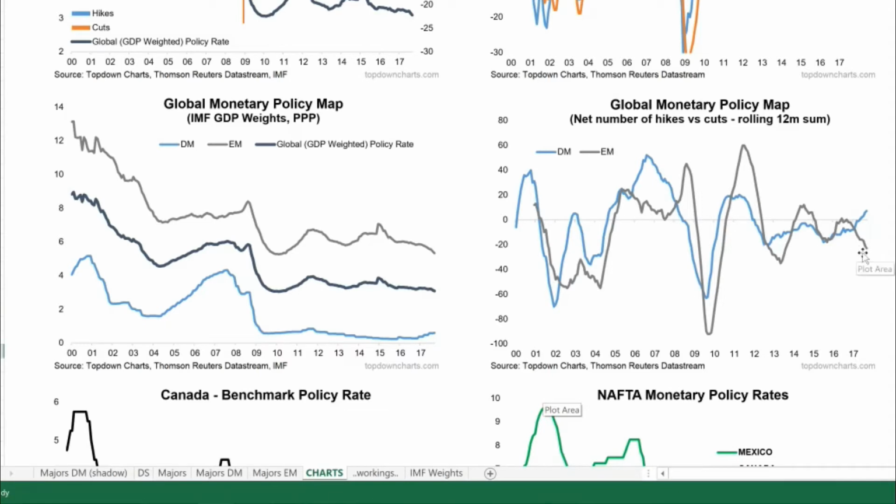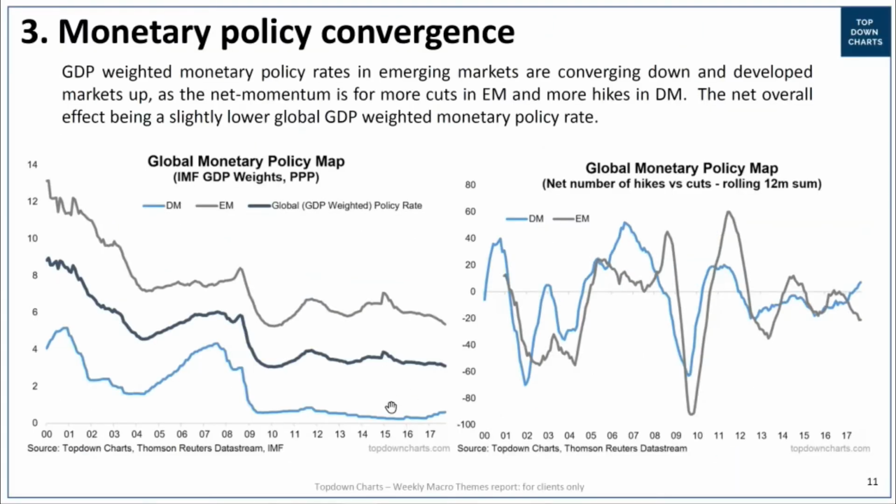The net number of cuts for emerging markets is actually starting to look extreme. It's showing you that they're going through another cycle of cuts, and that's really the message behind this. And you can see that chart's been slightly updated as well.